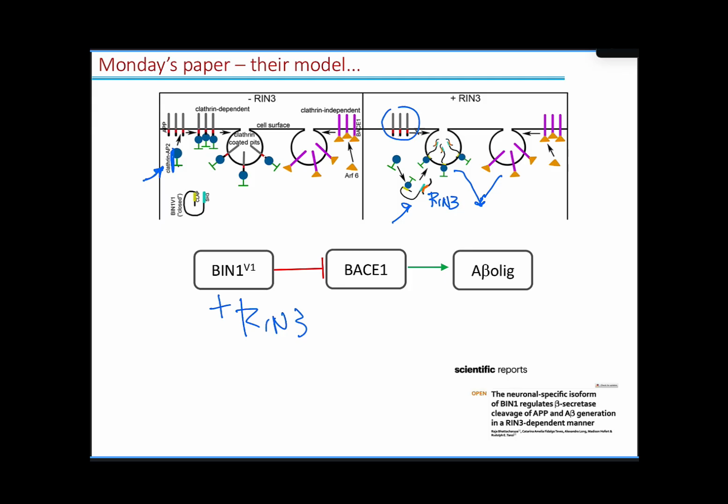So that changes the narrative that RIN3 brings V1 to the endosomes. No, they come together somewhere in the cytoplasm and then they go together into endosomes. Why? Because V1 has that clap domain that allows it to interact with clathrin, pushing out APP and leaving it out of those early endosomes.